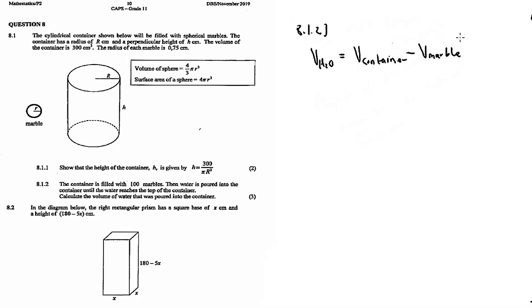Now, into engizoyenza your calculator the volume yama-marbles, i-volume occupy ama-marbles, but ayingaki la ma-marbles ay-100. So ngizocalculate i-volume yetali eli-1 bese ngimultiply ngobani? Ngo-100.